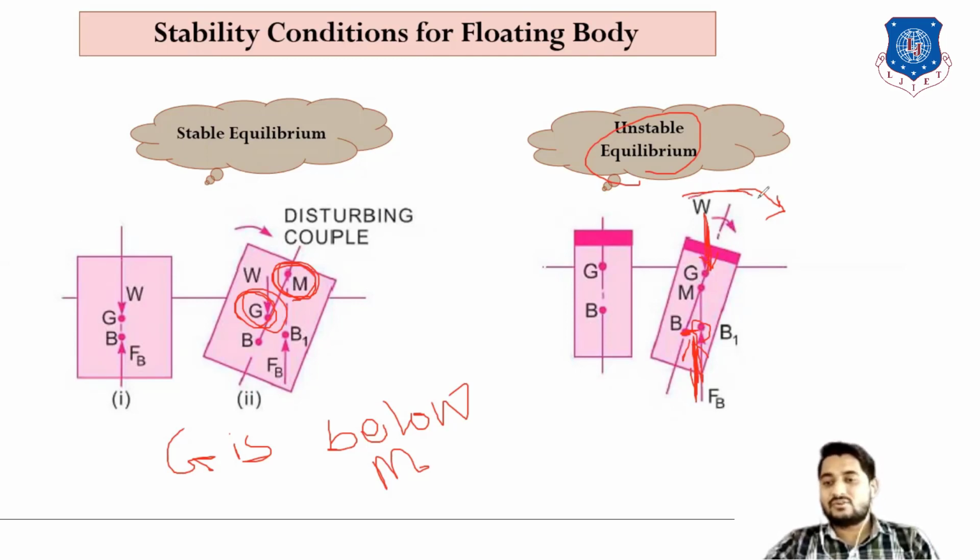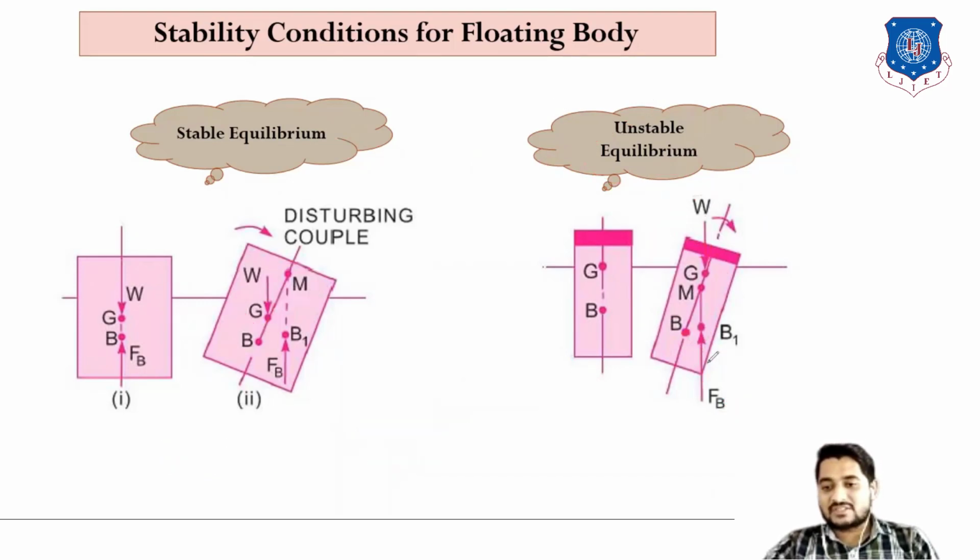So here the clockwise movement is at the outward side, but on the inner side there is also some clockwise movement due to FB and W. So this body will not move back to its original position, that is known as the unstable condition. Clear? If we extend the line of action of FB, it will intersect this point, that is known as the metacenter M. So for this condition, metacenter M is always below G. Clear, students?